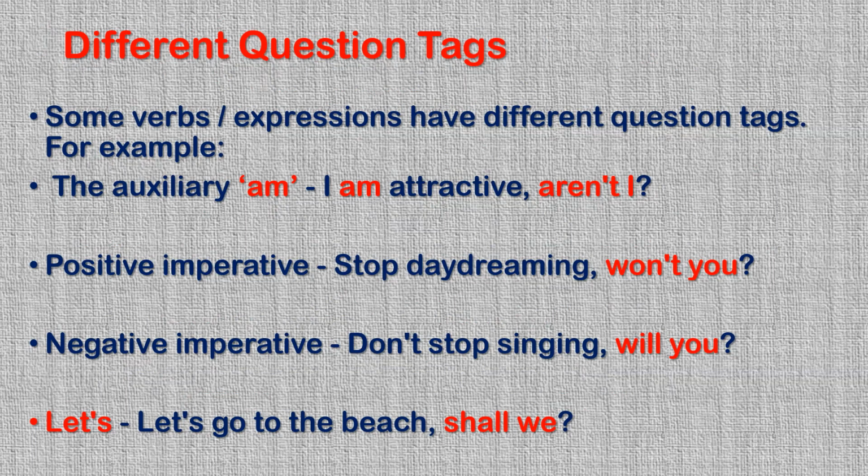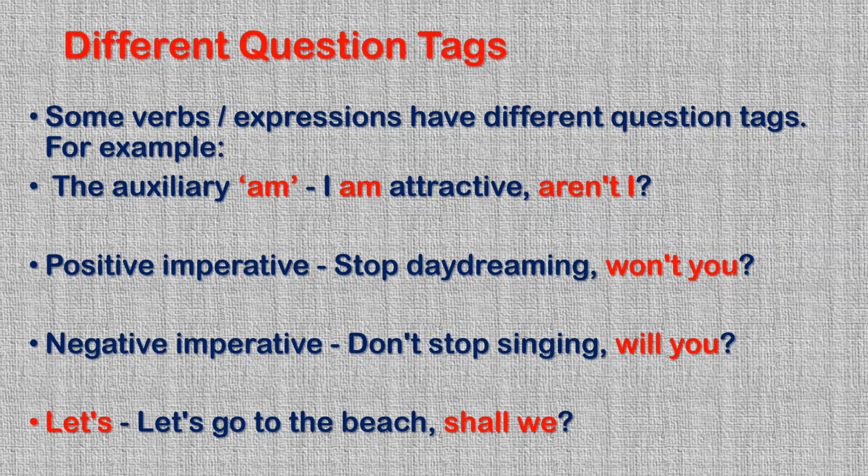The positive imperative sentence, stop daydreaming, does not have any auxiliary, and in this case we shall use the auxiliary will not, that is, won't you. The negative imperative sentence, don't stop singing. The question tag shall be will you.